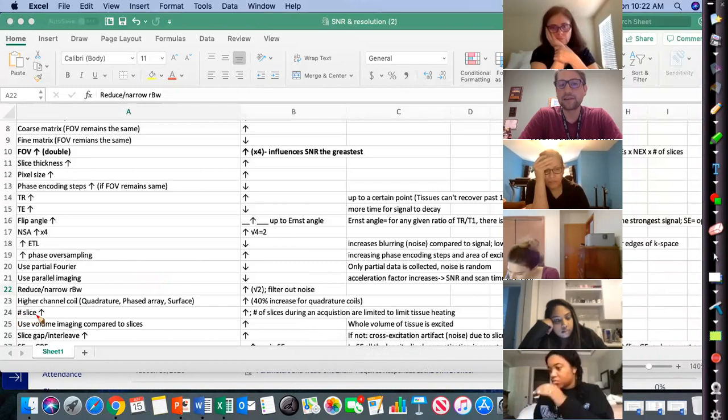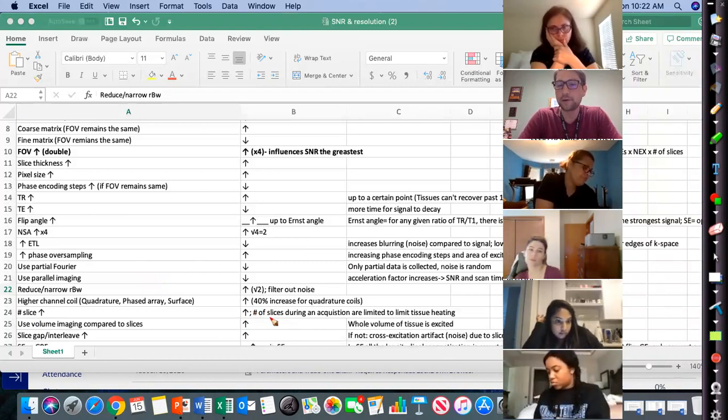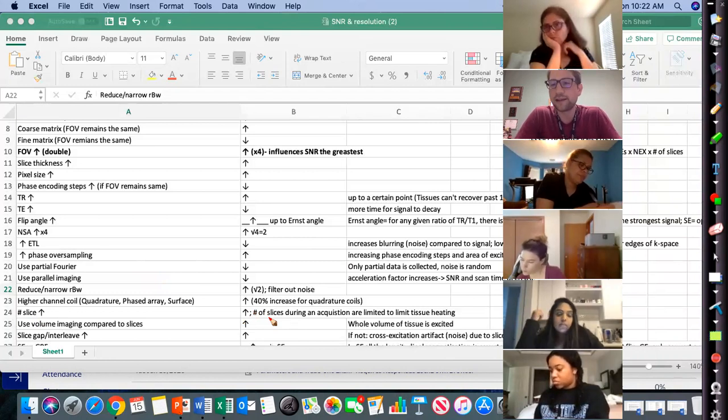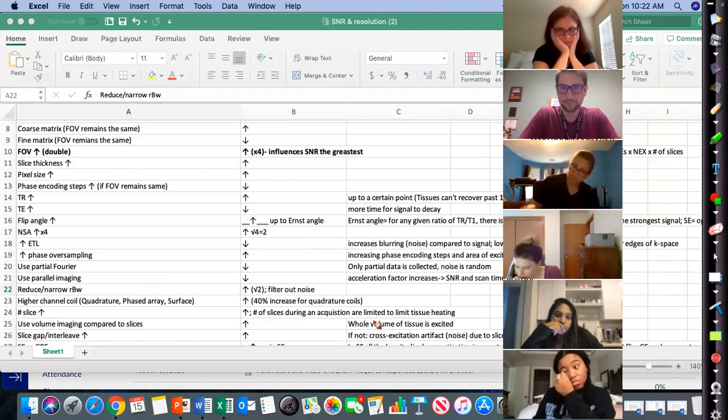If our number of slices increases, our signal is going to increase just because we're exciting more hydrogen spins. The only thing to remember is the number of slices during an acquisition or a TR is limited due to tissue heating. We can't fill every slice per TR because our patient would heat up too much.